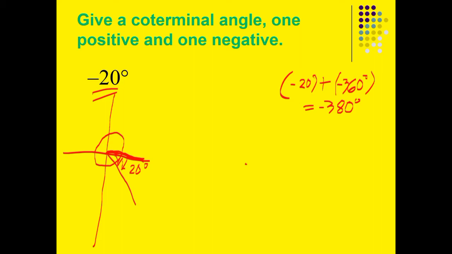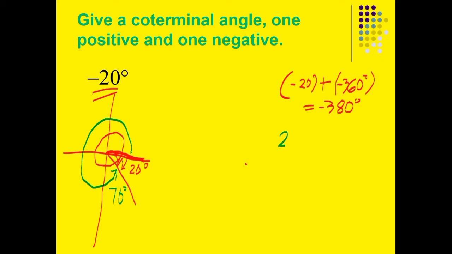Then for the positive value, from the initial going down in the counterclockwise direction, then we have that. And so this is 20, so therefore this is 70.